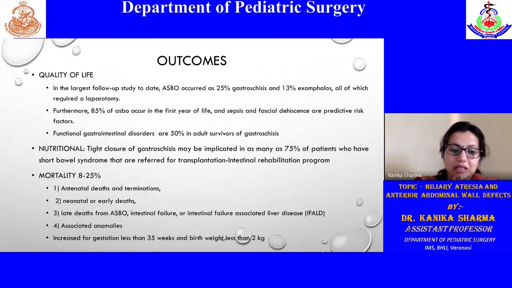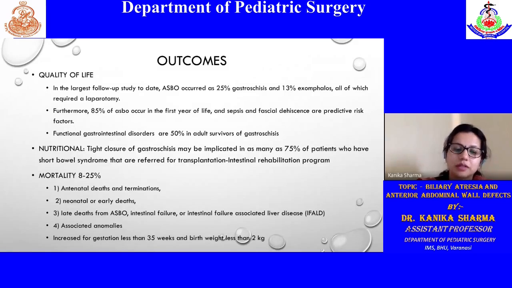Mortality has been noted to range from 8 to 25% in both gastroschisis and exomphalos, more so in patients with gastroschisis. The reasons are antenatal death or termination, then neonatal or early death, and then late death with bowel obstruction, intestinal failure, or associated liver disease.